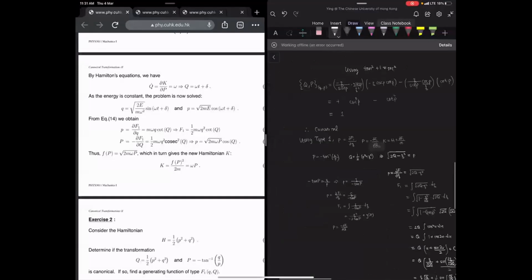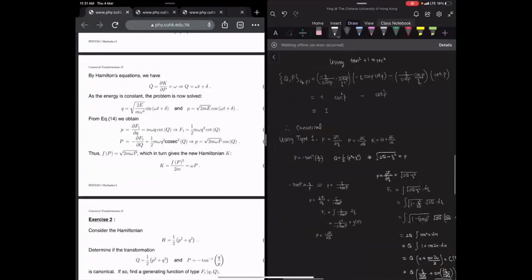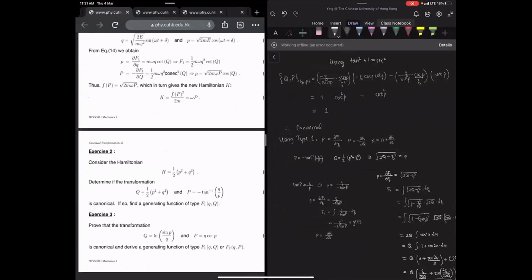So in this part, determining if the transformation is canonical is the same as trying to determine whether the Poisson bracket of large Q and large P equals 1. We simply use the identity tangent squared plus 1 equals secant squared.